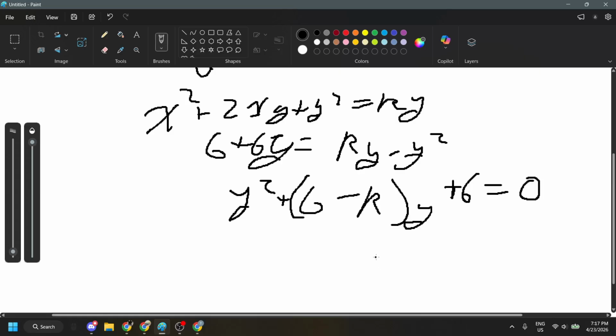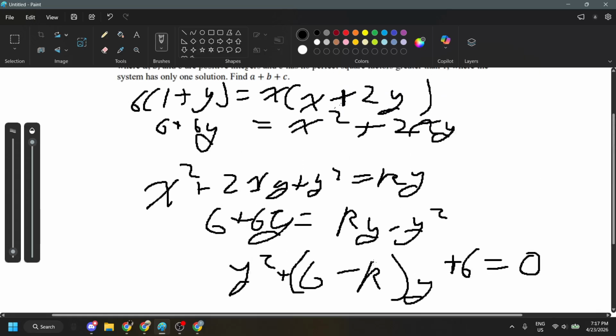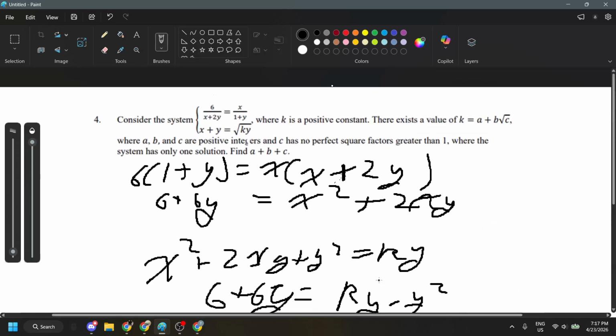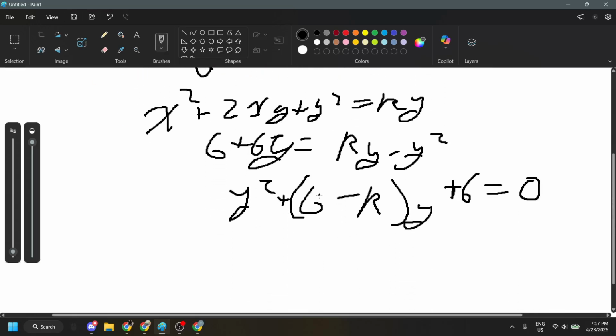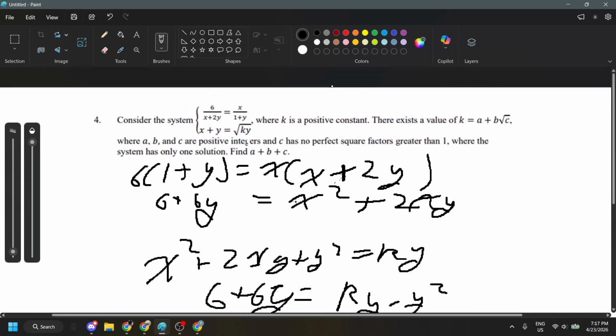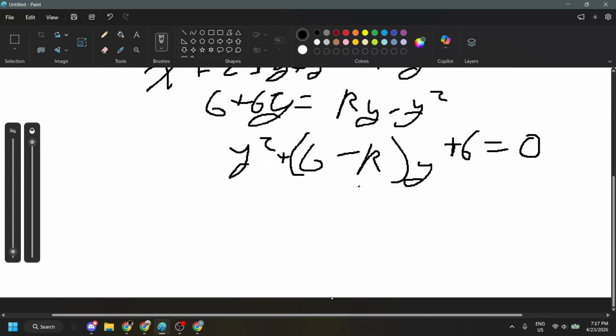But also, if this only has one solution, then there should only be one value of y, unless the other one isn't valid for some reason, but we're just not going to worry about that for now.